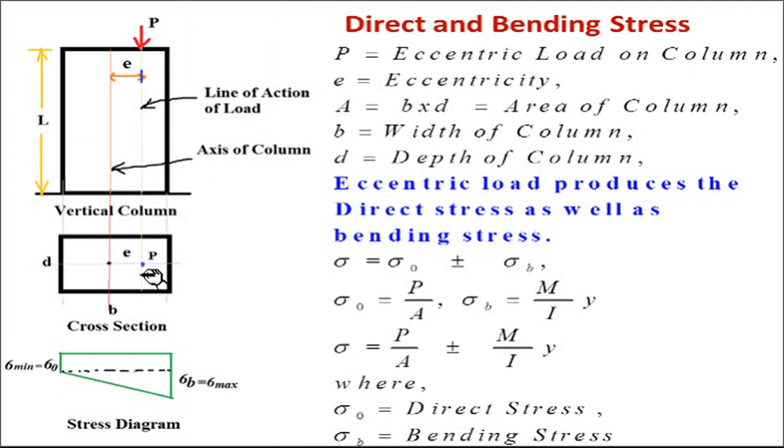Now here this is b, this is b. Y means the distance from the center to the extreme fiber. Extreme means the furthest part, the part which is farthest away, that is this particular portion. This distance from the center is b by 2.